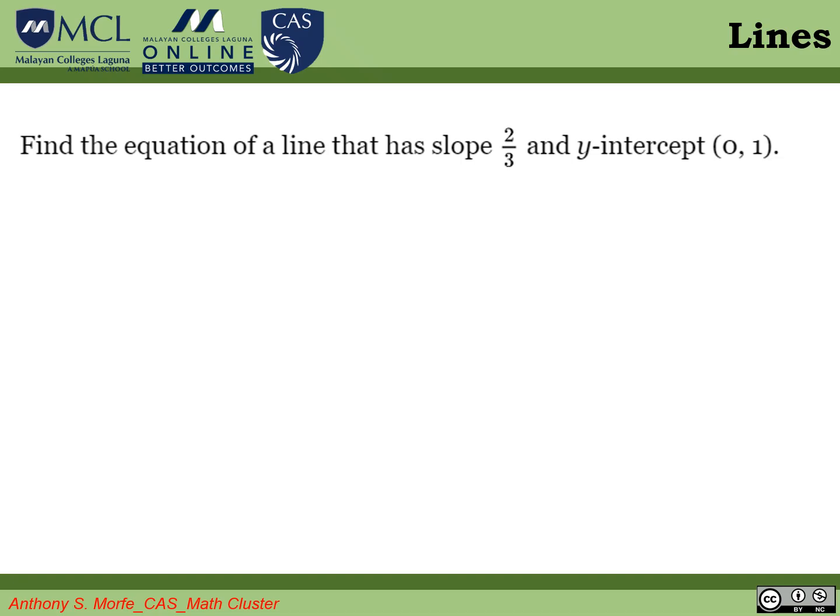From the coordinates of the point that the line passes through, we can easily get the y-intercept. If the line is passing through this point, this is our x value, this is our y value, so this is our y-intercept. Okay, we can get this y-intercept.